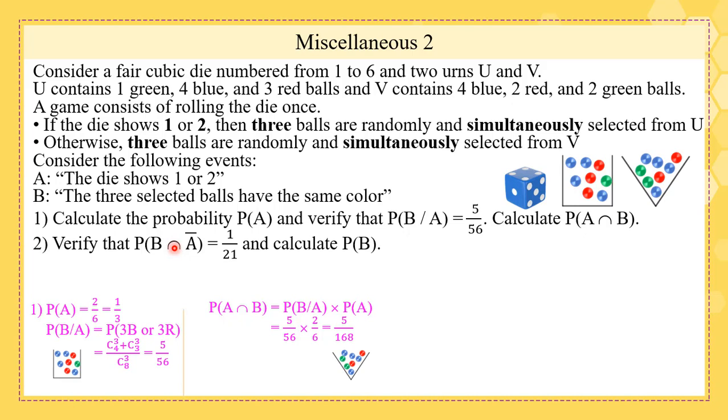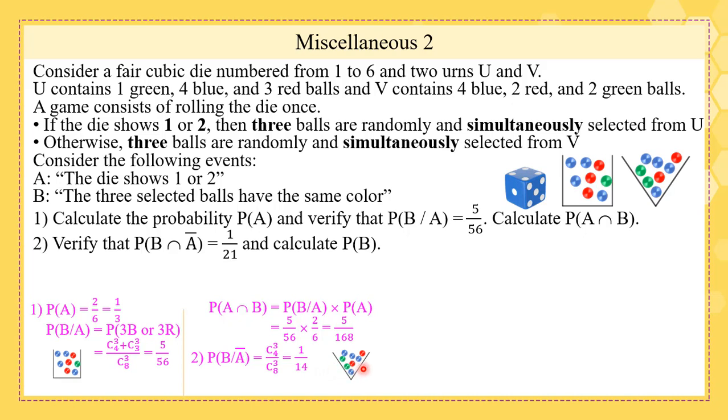Let's see. First, I want to find the probability of B given A bar. A bar means the die doesn't show 1 or 2, so it shows 3, 4, 5, or 6. And in this case, according to the story, we have to select 3 balls simultaneously from V. So we know that V is the universe, and we need to select 3 balls having the same color from V simultaneously.